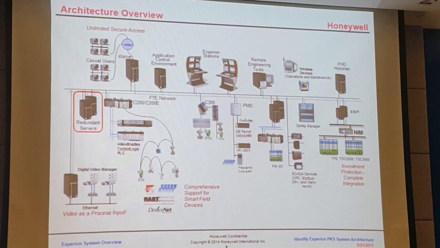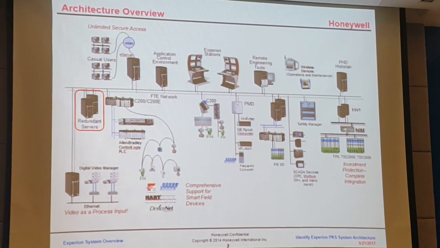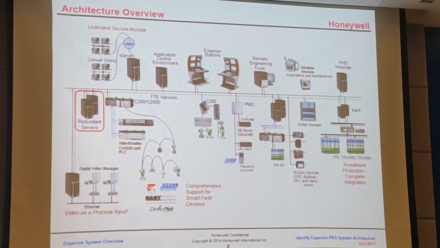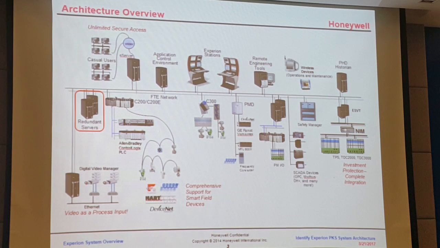The server does not have to be redundant. It is optional. That means you can have a single server or a redundant server, a pair of redundant servers. But the server contains the real-time database, the first important database.